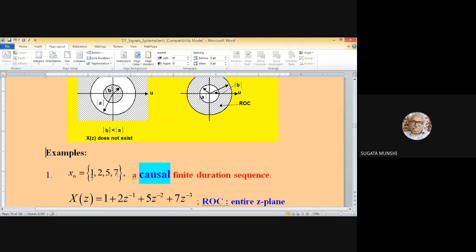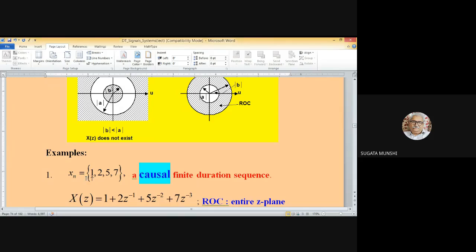And since no other sample values are given, it is implied that after x3, for x4, x5, x6, x7, etc., all those sample values are 0. Similarly, there are no sample values given prior to n equal to 0. x minus 1, x minus 2, x minus 3 are not given here. So all those sample values are assumed to be 0. That is the convention that I follow.